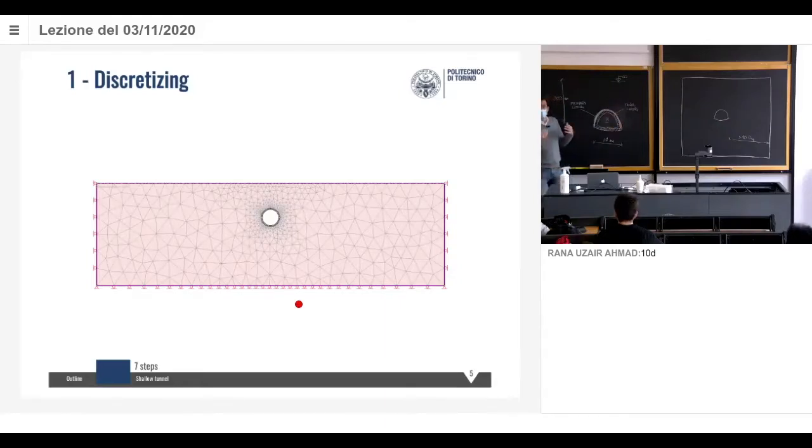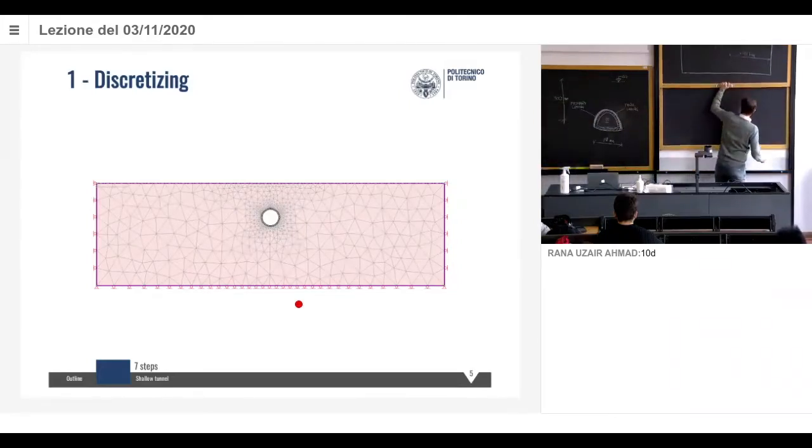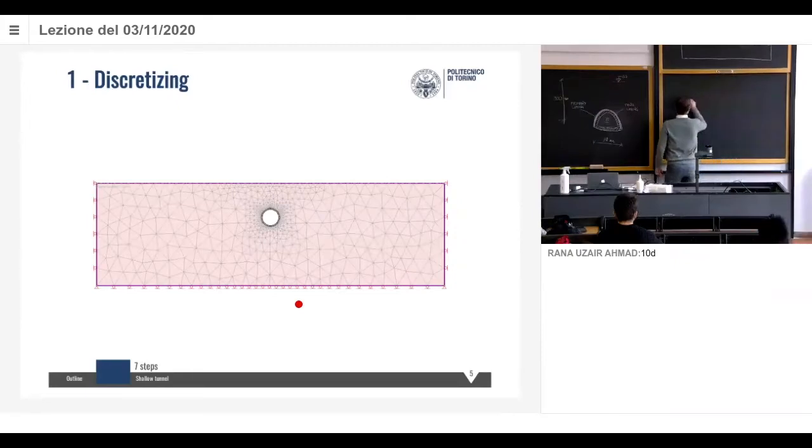Why? When we have a shallow tunnel, we usually say that gravity has an influence, and so we consider that the state of stress will change with depth. So for a shallow tunnel, we would do something like this. This is a tunnel close to the surface, okay?